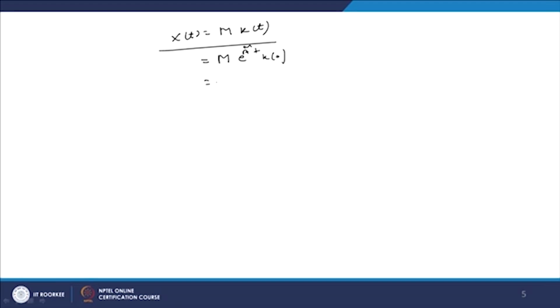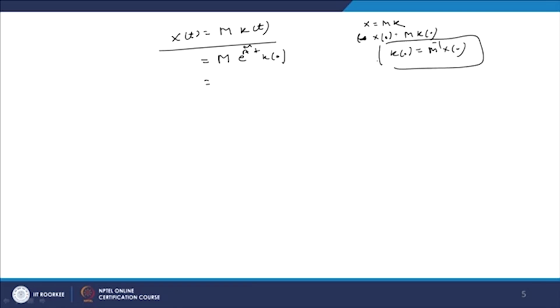Now here x equals M into k. That means if you write x of 0 equal to M k of 0, that means k of 0 equals M inverse into x of 0.